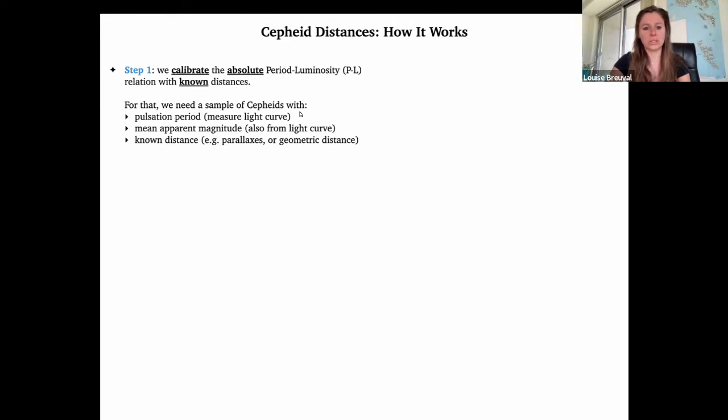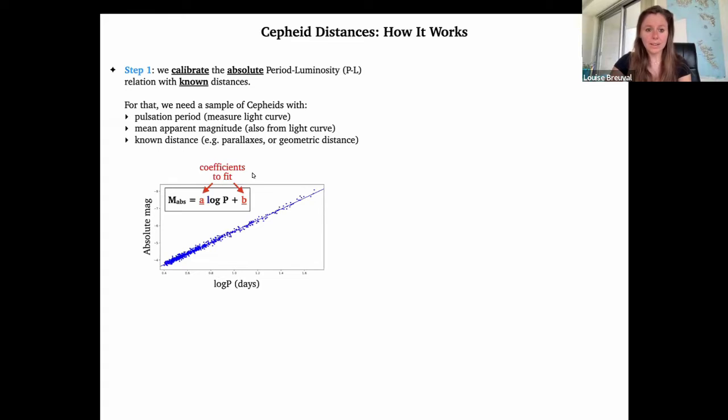For that, you first need a sample of Cepheids with pulsation period that you measure from the light curve. You need to know their apparent magnitude, also from the light curve. And you need to know their distance. Once you know that, you can calibrate. When I say we calibrate the PL relation, I mean you determine the coefficients A and B in this relation.